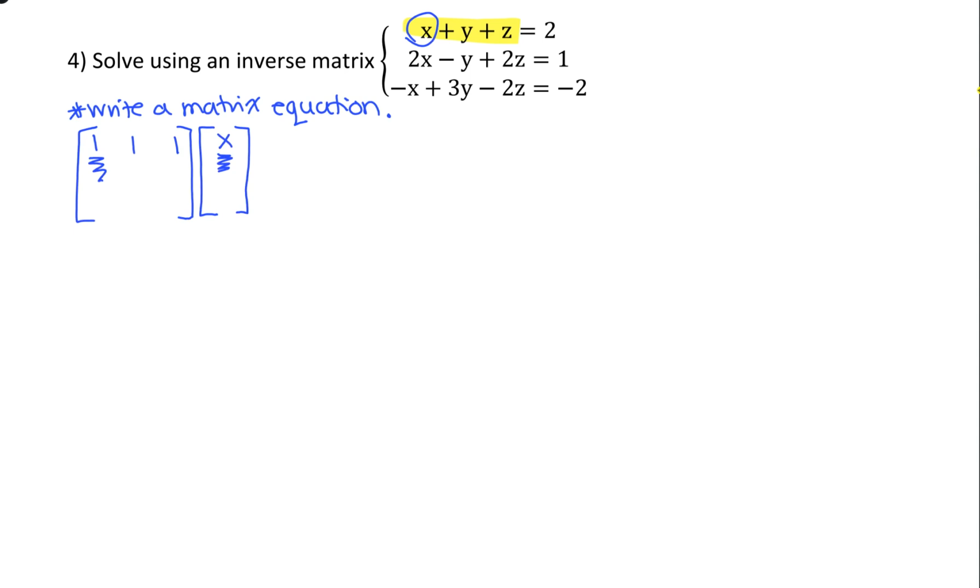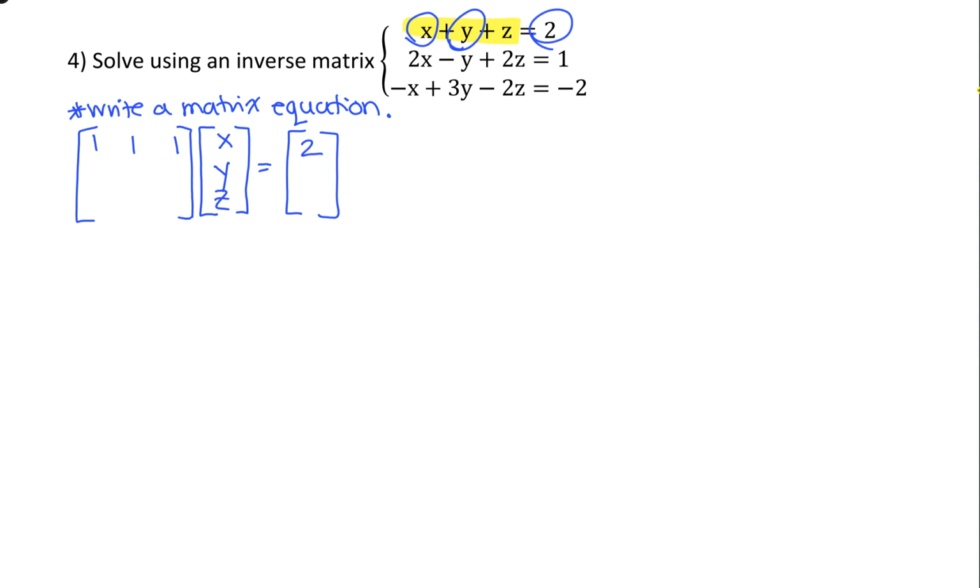So that's going to have to be an x. The second 1 multiplies the second number, and I want that to give me y, so that's a y. The last one gets multiplied by a z. That's going to equal row 1, column 1, and this equation equals 2. So 2 is going to be my first entry.